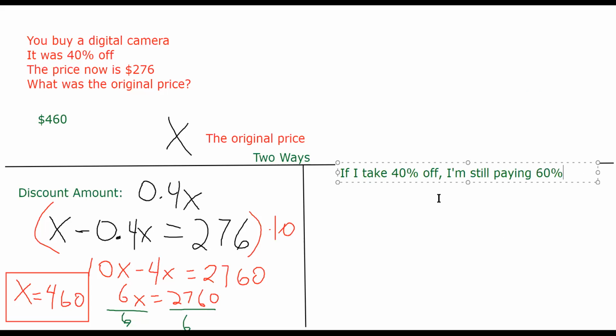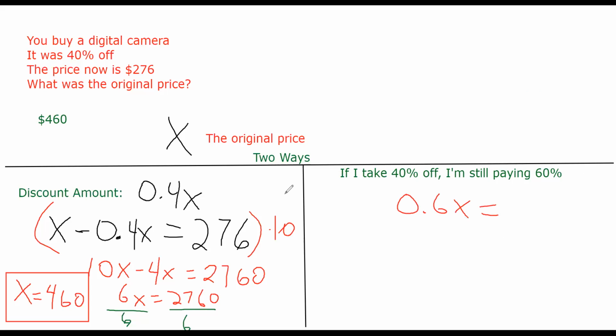In other words, I can kind of skip to the fun here. The original price of the camera, I would have to take 60% of the original price. So I need to do 0.6 times X, and that'll give me the original 276.